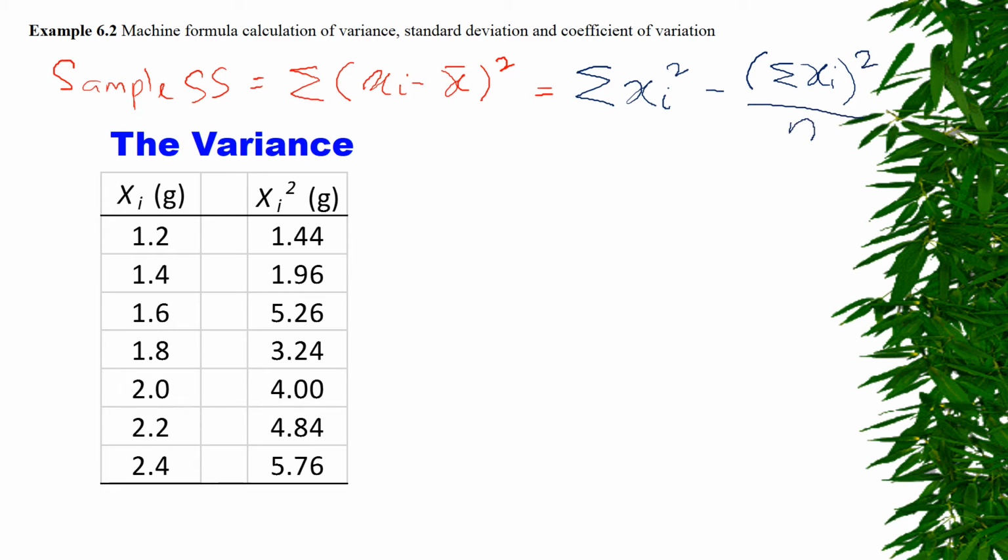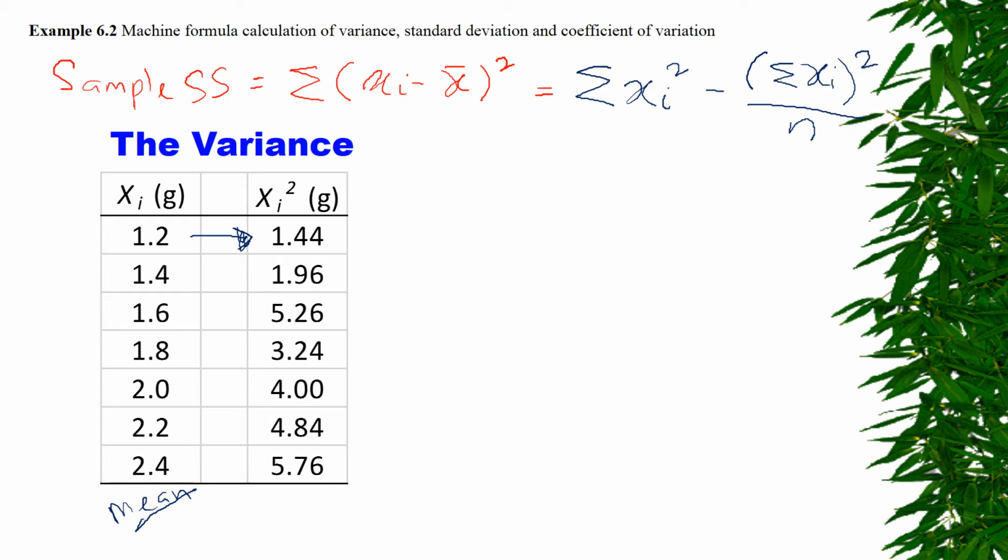If you do x1 minus x bar, you need to calculate the mean first, then go up and do all the calculation again. But with this formula, you don't need to calculate the mean first. Instead, you just use x1 and straight away square it, and then you get the summation here.